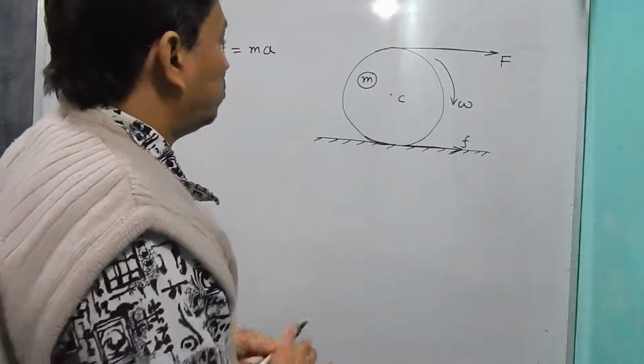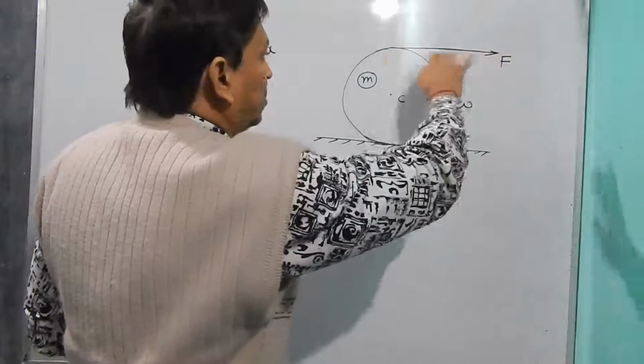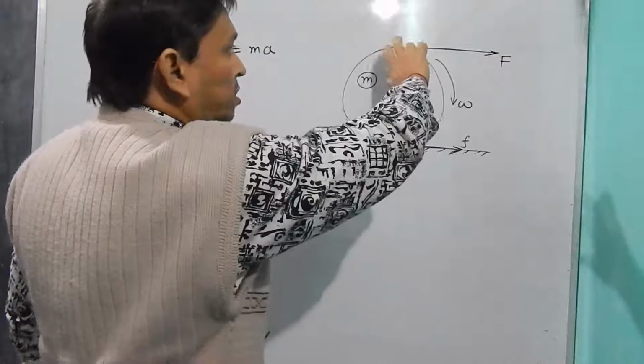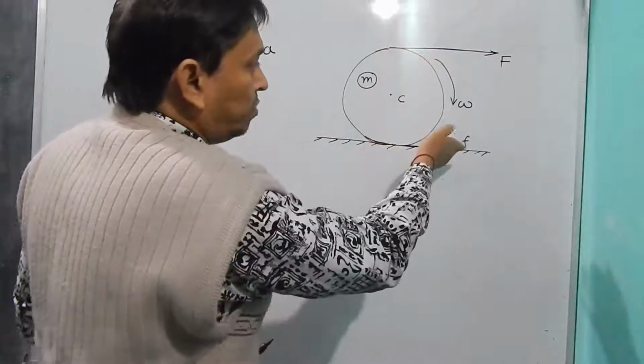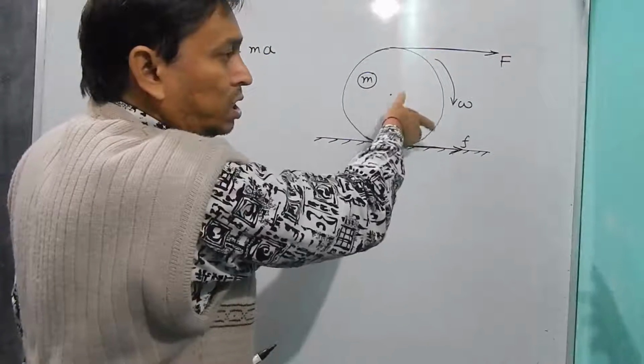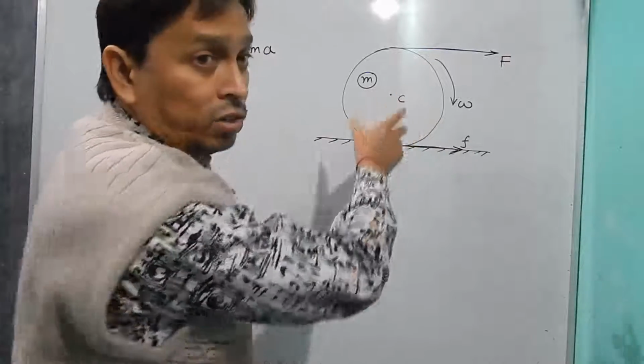Now, this capital F is giving torque, suppose in clockwise, and this small f is giving torque in just the opposite direction, that is anti-clockwise.